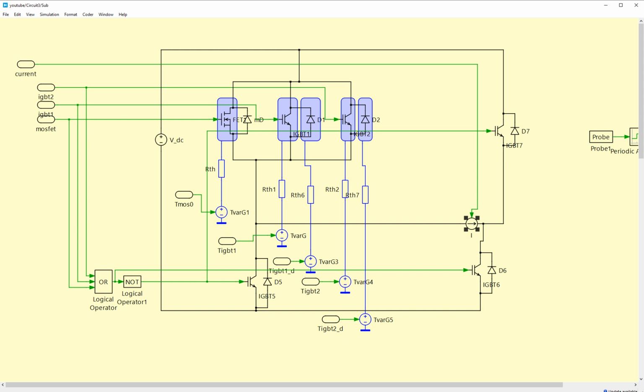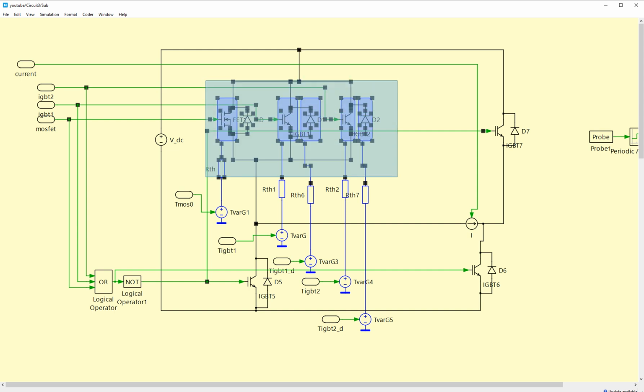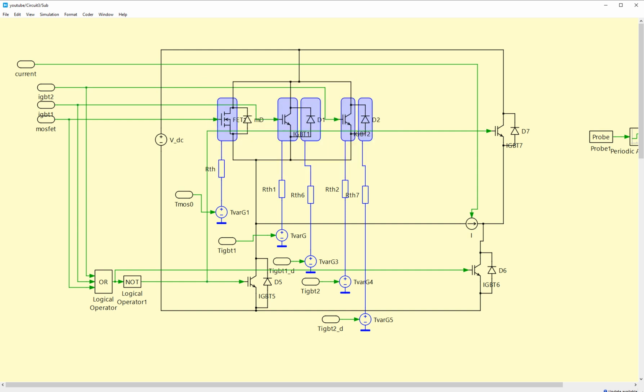So I had to make a very simple H bridge here. I have this configuration, which is the main configuration, but in order to allow the current to flow through this DC voltage, I put this current in an H bridge kind of configuration. So I have simple IGBTs here and here.